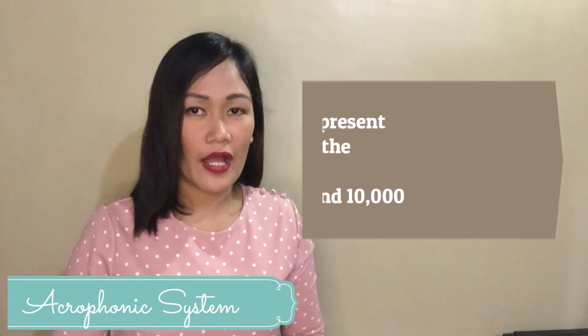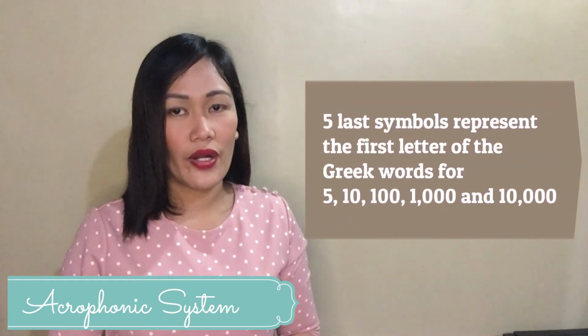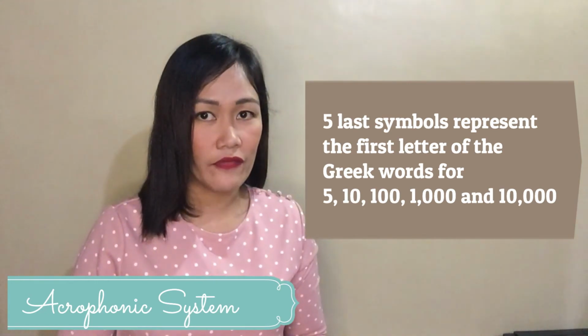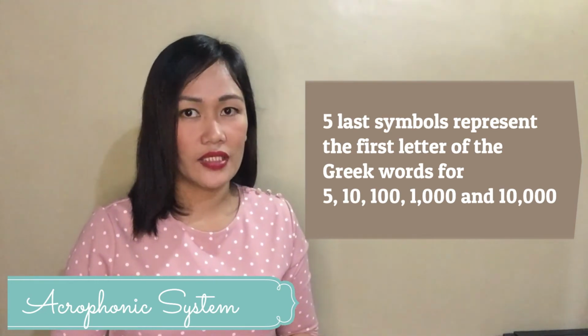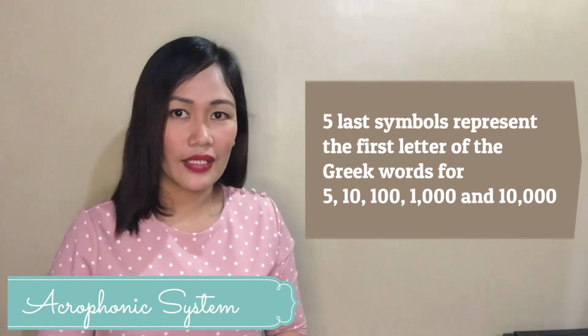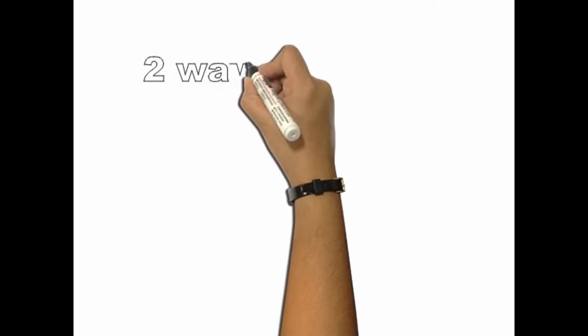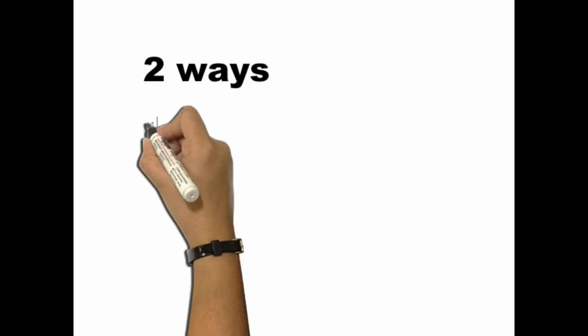This system is also referred to as the Acrophonic System because these 5 last symbols represent the first letter of the Greek words for 5, 10, 100, 1000, 10,000 respectively. There are 2 ways of combining these 6 symbols into other numbers.